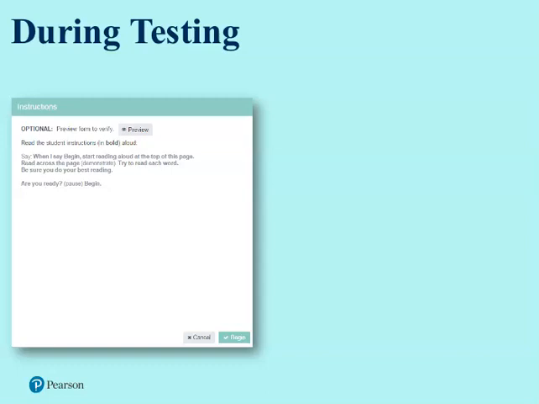To administer this test, place the student test page in front of the student. You can ensure that the page is correct in the DRF by clicking the Preview button. Say, "When I say begin, start reading aloud at the top of this page. Read across the page. Try to read each word. Be sure to do your best reading. Are you ready? Begin."